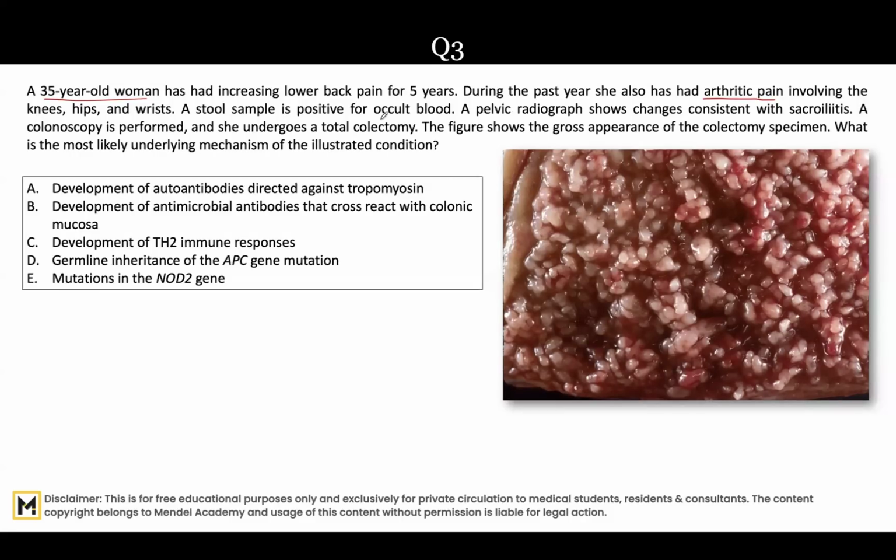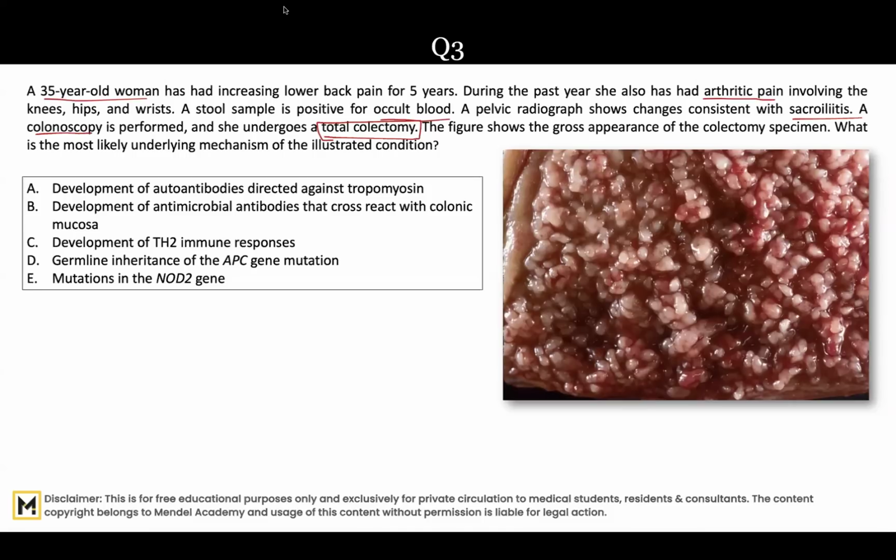Stool is positive for occult blood. Patient has sacroiliitis. Again, see, people have started answering. I'm so impressed. A colonoscopy is performed and a total colectomy is performed. You can do that here because I'm sure by now you have understood that this is going to be a case of ulcerative colitis.